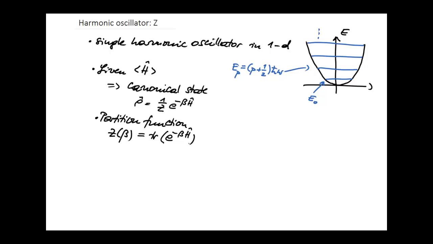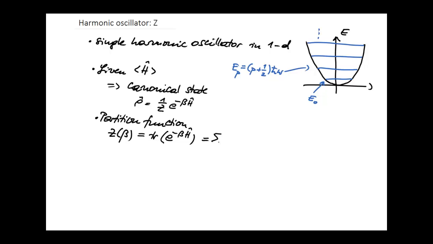The trace of an operator is the sum of its eigenvalues. So all you need here is the eigenvalues of the Hamiltonian, or in other words, the spectrum of the Hamiltonian. But we know that for a harmonic oscillator.